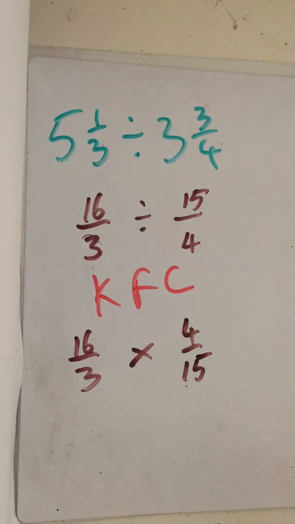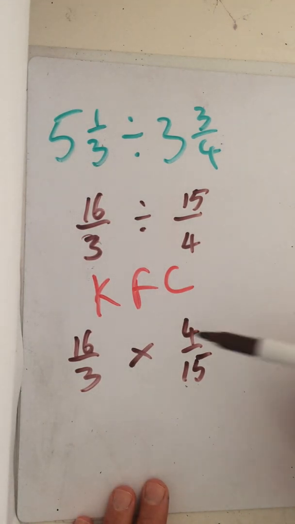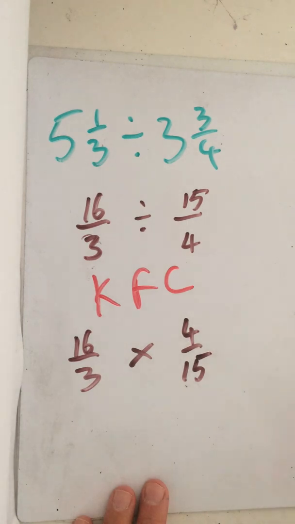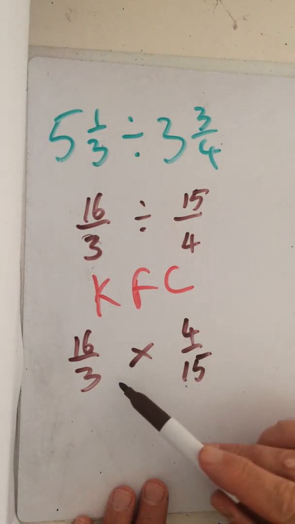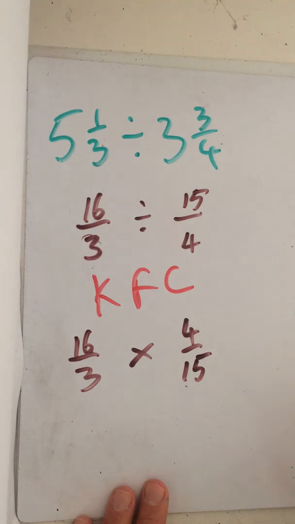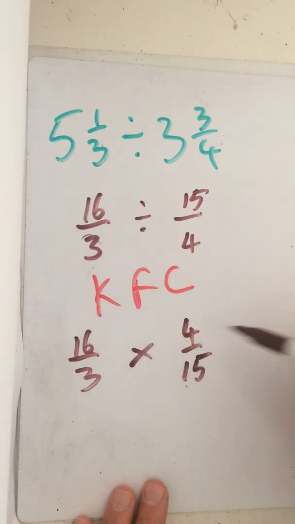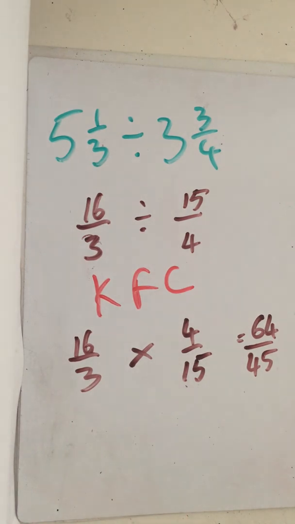Now I feel as if I'm doing this one wrong. I think it's because I thought I was going to be able to cross simplify here. Can I cross simplify? No. So off I go. 16 times 4, 64. So 64 over 45.